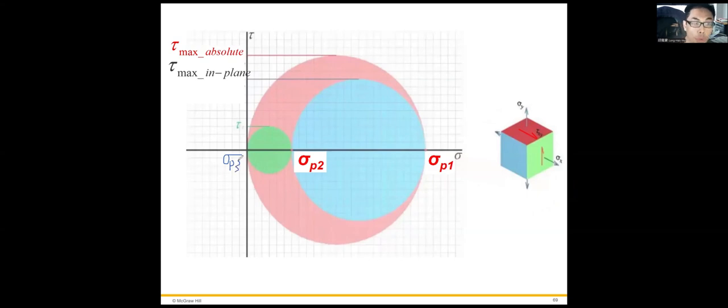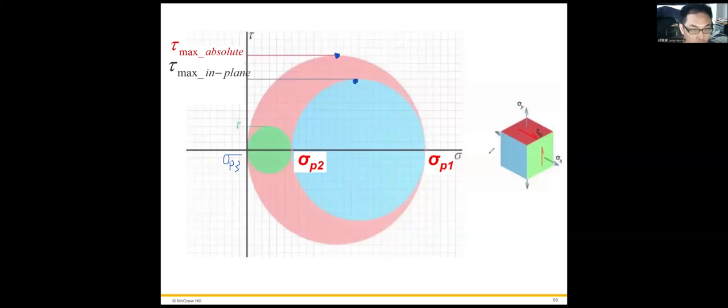So we can plot 3 Mohr circles, right? Three Mohr circles. And here is the maximum shear stress, the absolute maximum shear stress. And at this point, it's just in-plane. The maximum shear stress in-plane.